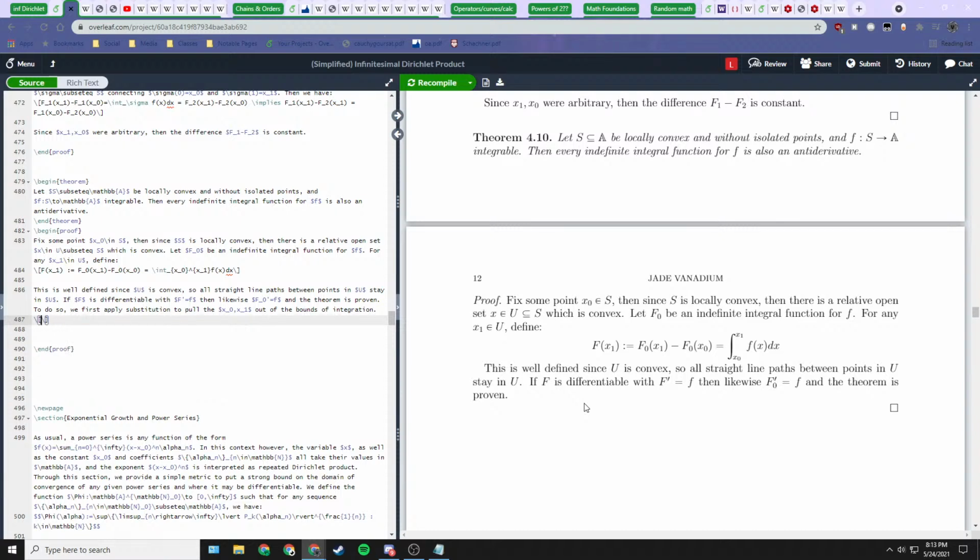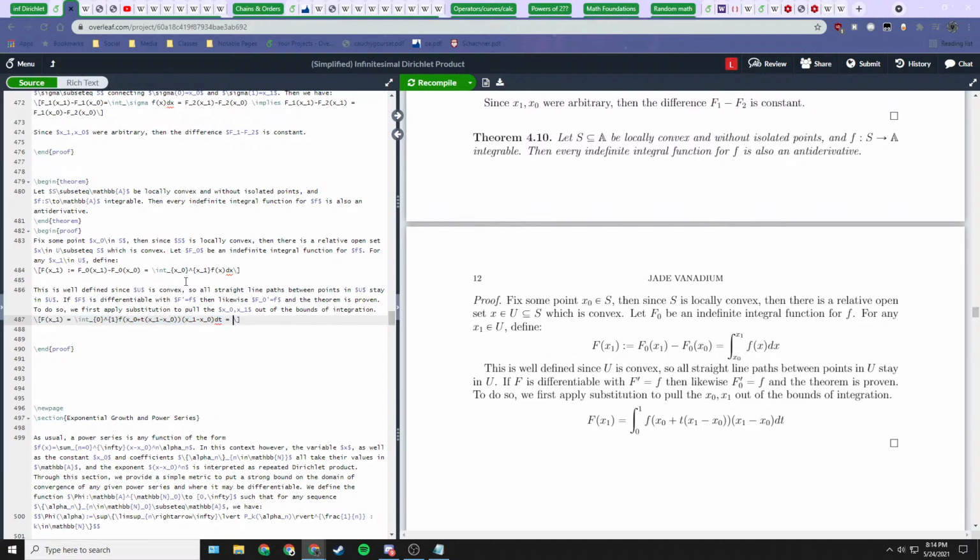So we'll have F(x1), this integral, and we can say this is from 0 to 1, and the path is x0 plus t times (x1 minus x0), and its derivative is x1 minus x0. That'll be dt.